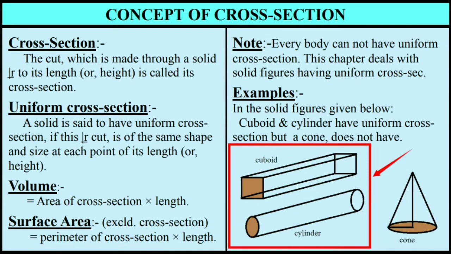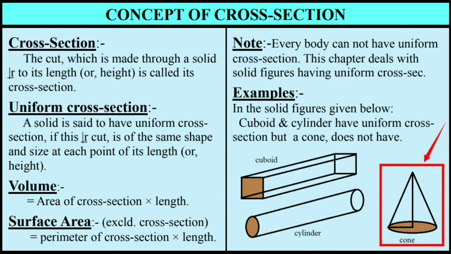It is clear here that the cuboid and cylinder have uniform area of cross section. Hence, the volume and surface area of these two objects can be found out using area of cross section. But in case of a cone, since it does not have uniform area of cross section, its volume and surface area we cannot find out using area of cross section of the cone.